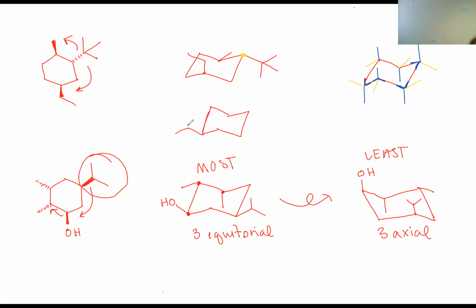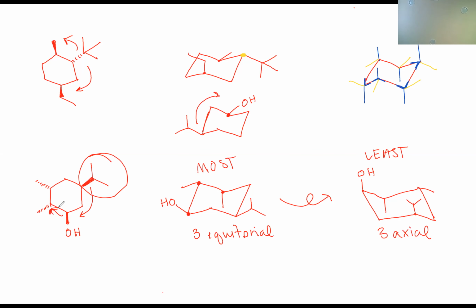So I'm going to put it here because this is also another up equatorial position. Now I need to go 2 carbons clockwise to get to my alcohol, and it has to be pointing up, right? So 2 carbons clockwise is this carbon here. The up position on this carbon just happens to be equatorial. So I get to put the alcohol in the equatorial position.